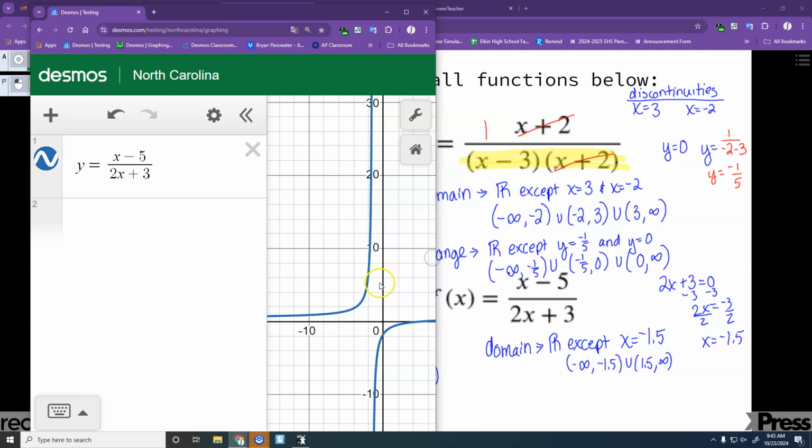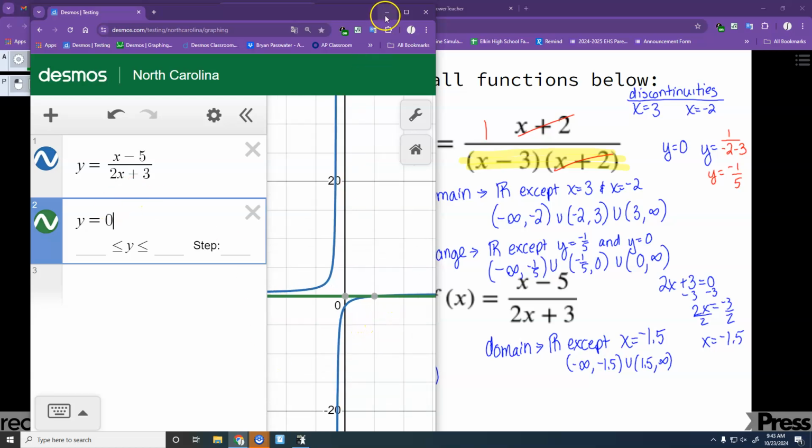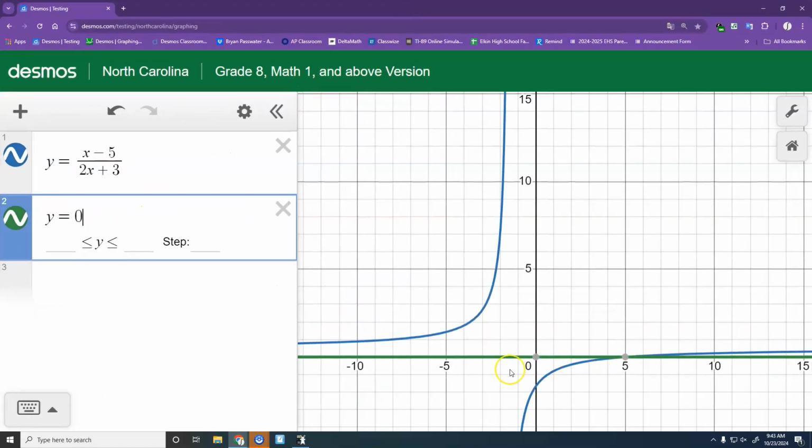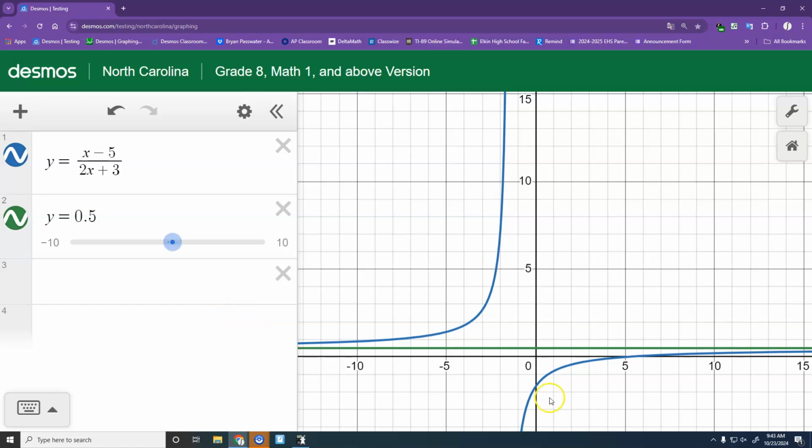Okay. Looks like we have a horizontal asymptote on that. Is it 0 this time? It's not. It crosses at 0. So if I hit enter so I can slide this up. 0.5? Does that look right?